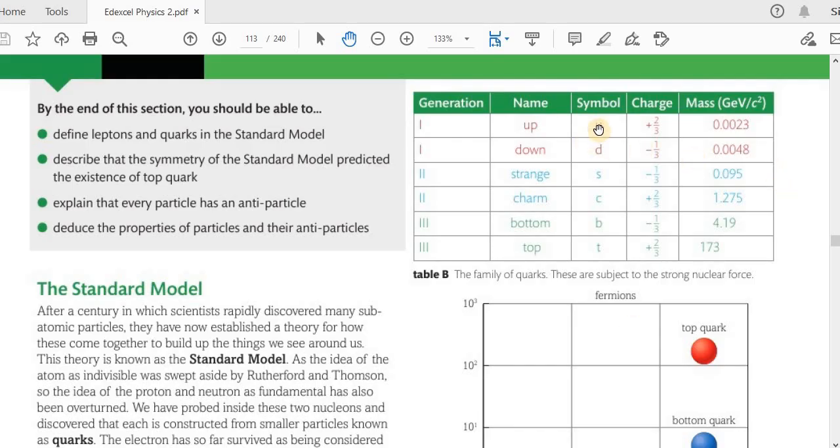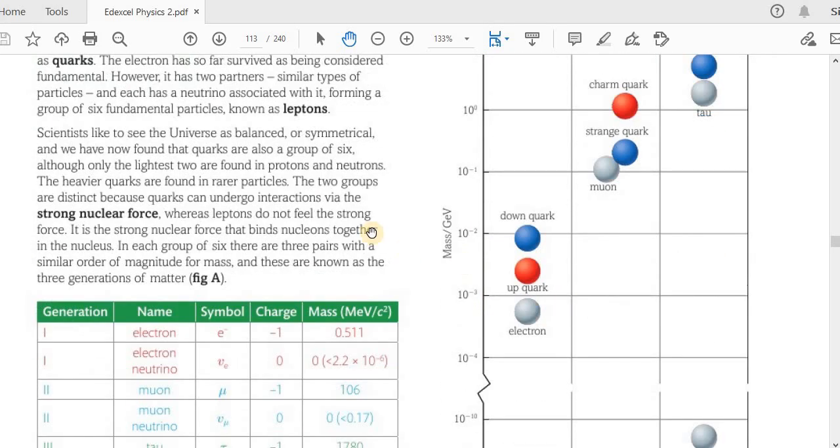If you go back here, you can see up quarks and down quarks have the smallest masses compared to the other quarks. That's why this sentence says, although only the lightest 2 quarks, or types of quarks, are found in protons and neutrons. The heavier quarks are found in rarer particles.